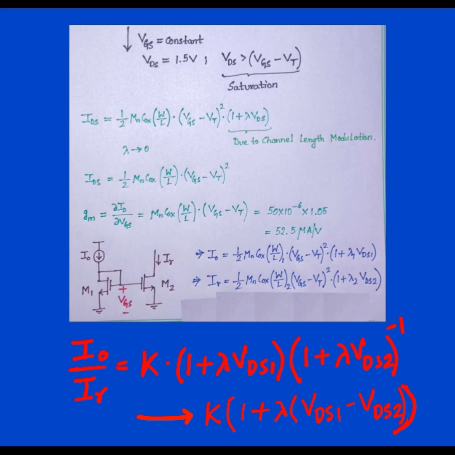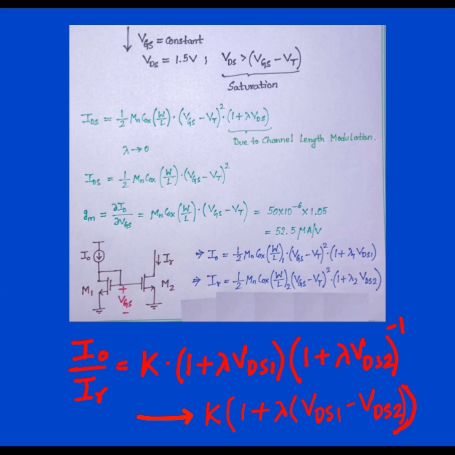Now if you do the multiplication and ignore the product term lambda 1, lambda 2, VDS1, VDS2, then you will get 1 plus lambda into (VDS1 minus VDS2). Here I am considering that lambda 1 and lambda 2 are the same, just for simplicity, that is, the channel length modulation for M1 and M2 are the same.